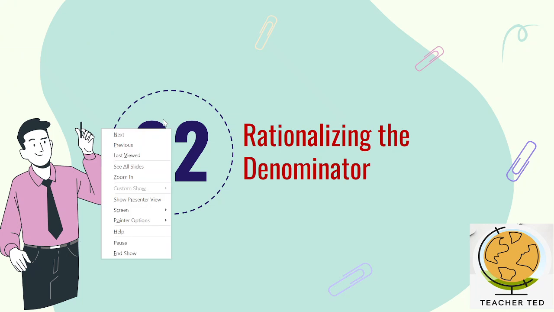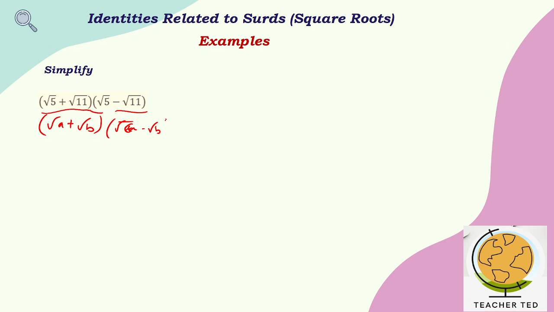We know that root A plus root B into root A minus root B is A minus B. So here A is equal to 5 and B is equal to 11. If you know the identity, you can directly substitute the values. 5 minus 11, the answer is minus 6. In a similar way, we can solve a number of problems related to surds or square roots.